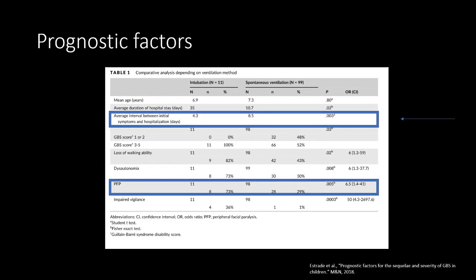And they actually found that the one factor, in addition to having an axonal form of GBS, that predicted a worse long-term outcome was the interval between initial symptoms and hospitalization. So these patients who come in and they are extremely weak within the first couple of days are more likely to require ICU care and are more likely to have neurologic sequelae of their disease even after treatment.